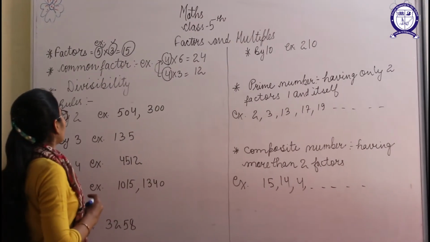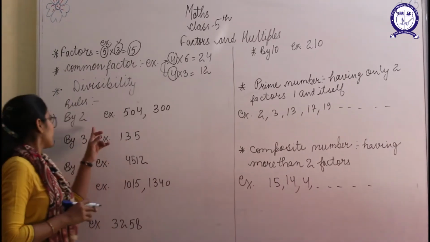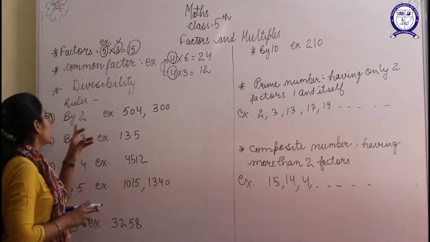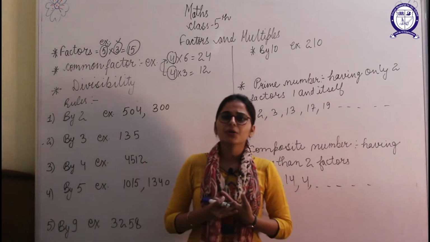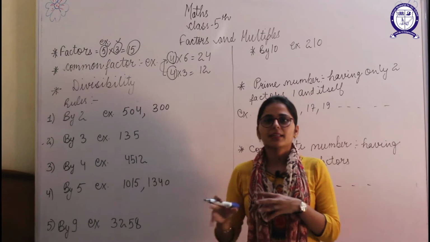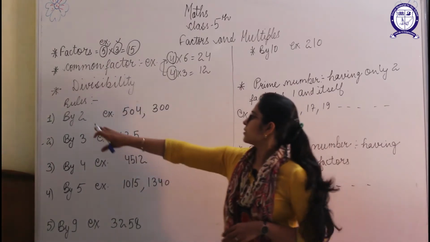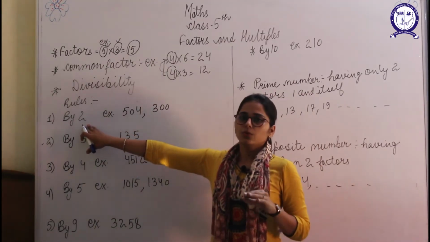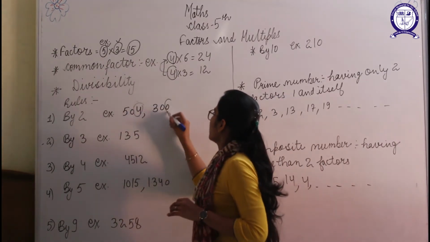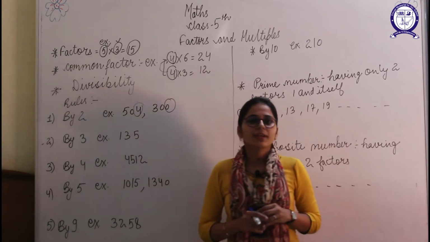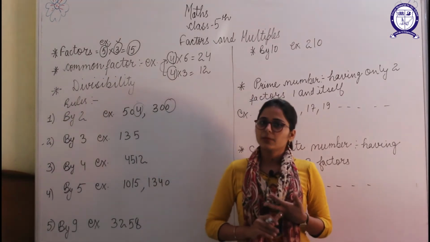Now we will discuss divisibility rules. We will discuss the divisibility rule by 2. By this we can conclude whether the given number can be divided by the asked number or not. So the numbers given here are 504 and 300. We can conclude whether these numbers are divisible by 2 or not.